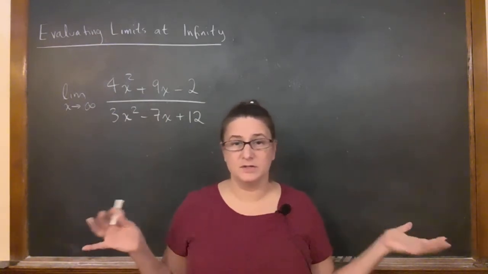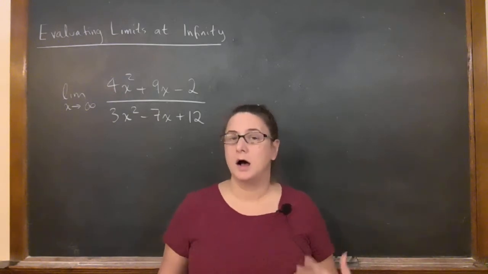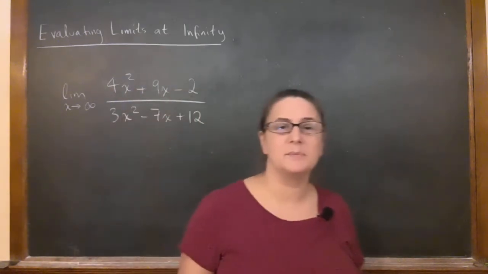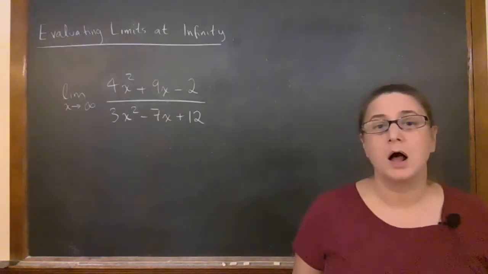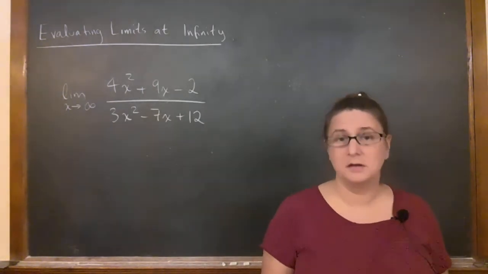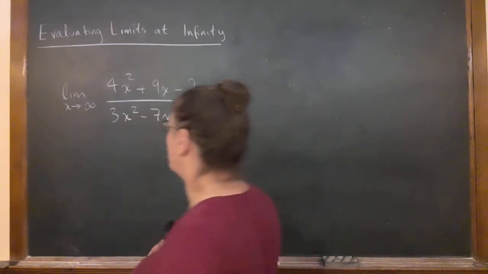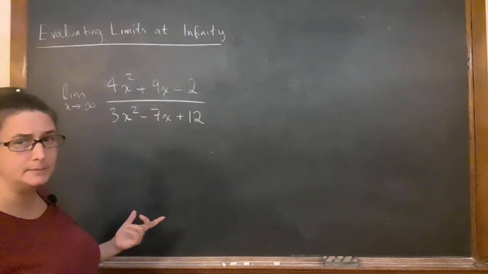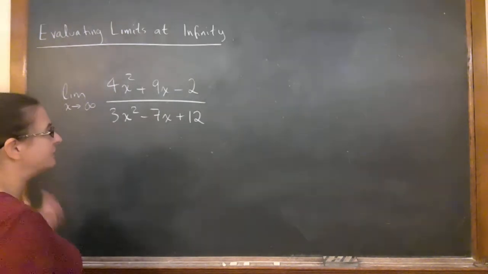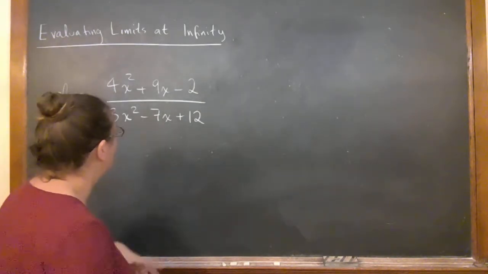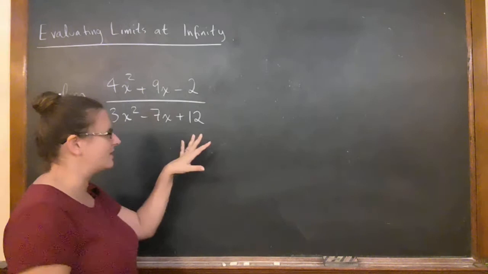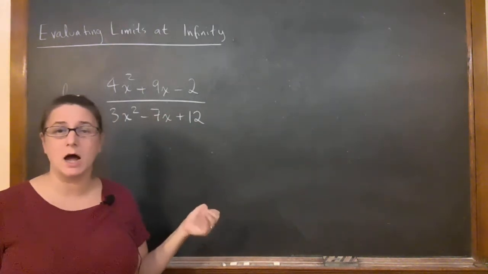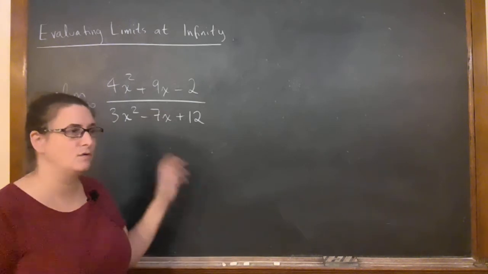Here, if I've got a bunch of infinities going on, I have to sort of do different things. I have to do a couple little tricks before I can use my limit law in the right way. So, because infinity over infinity doesn't tell me anything, right? So the trick for one of these rational functions, a ratio of polynomials, is you want to look at the highest term overall.